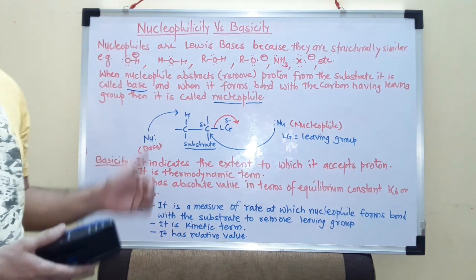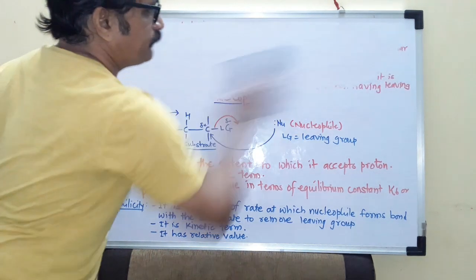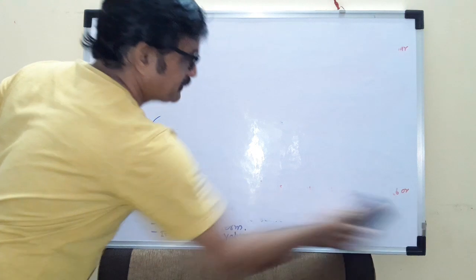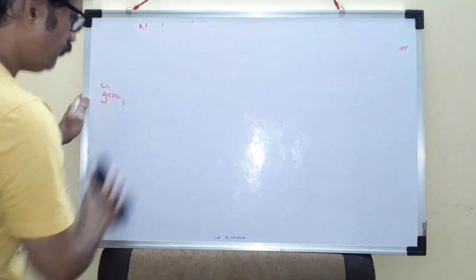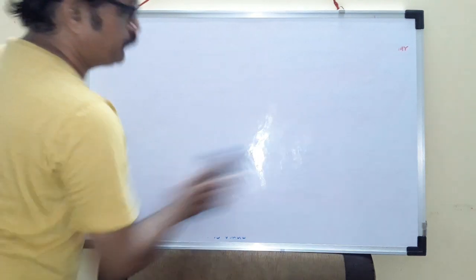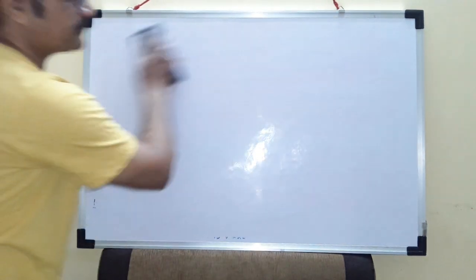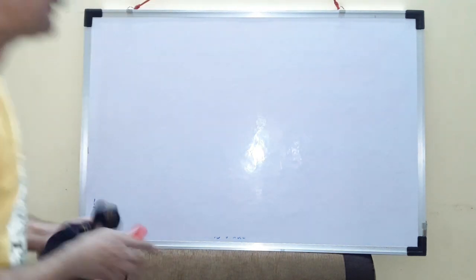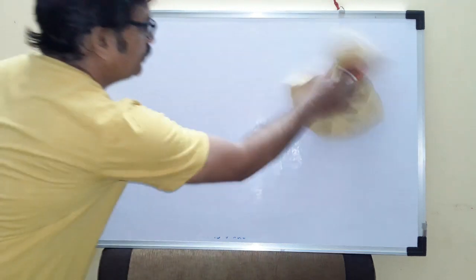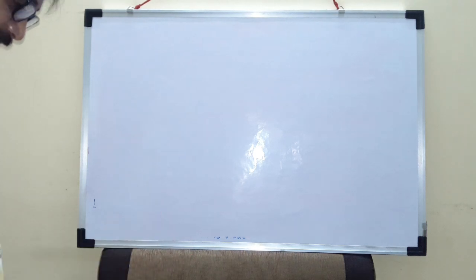But we have to discuss more what factors actually affect nucleophilicity and basicity. By changing the reaction conditions only, we can change the reaction from elimination to substitution, or substitution to elimination. So we must know which factors are actually responsible for increasing the nucleophilicity or basicity.